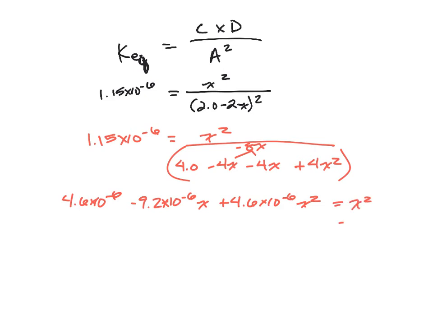And you could subtract this x squared from this x squared so that you have all of this equal to 0, and you could use the quadratic equation. However, in our case, we have a shortcut.